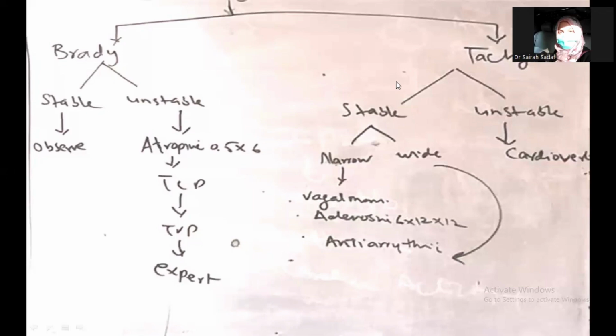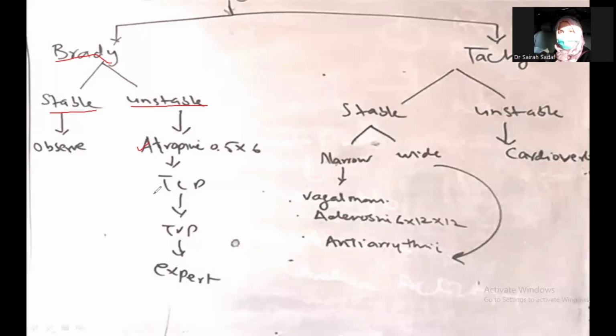Now, look on this side of the slide. Let's say there is a bradycardia. If it is stable, you have to observe the patient. If bradycardia and patient is unstable, these are the ACLS guidelines. These are not from me, right? The AHA ACLS guidelines. You can give atropine 0.5 milligram, up to 6 times.